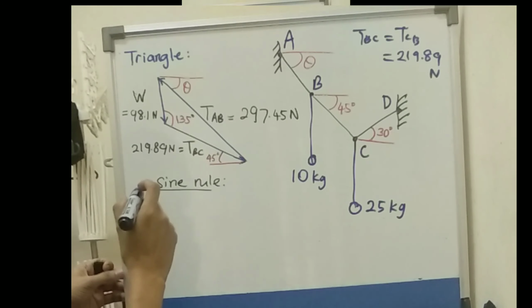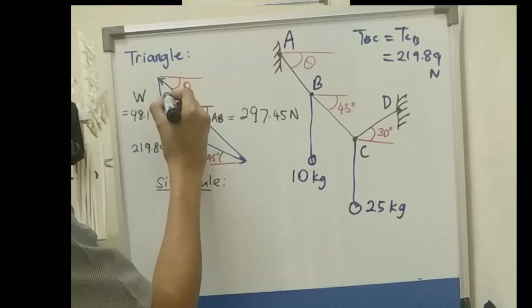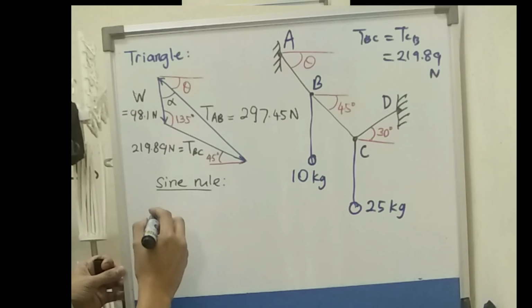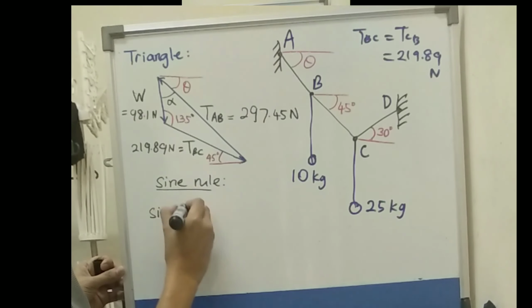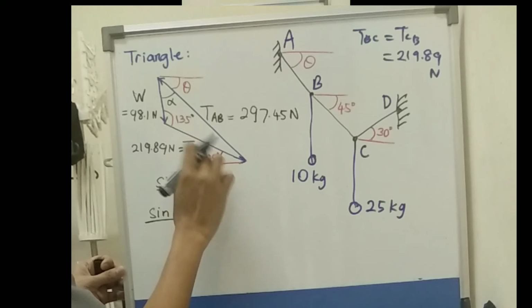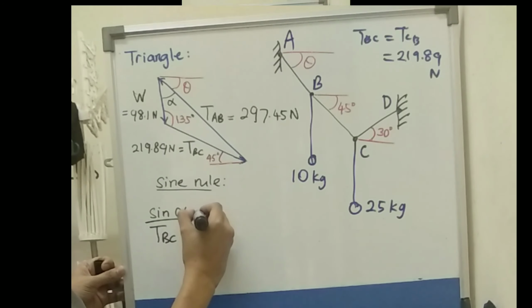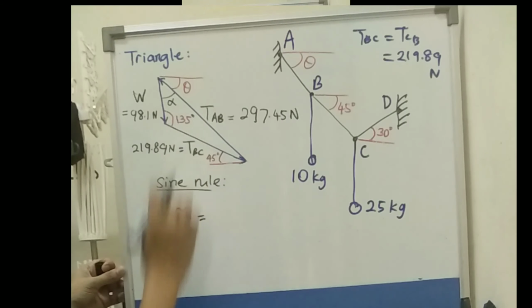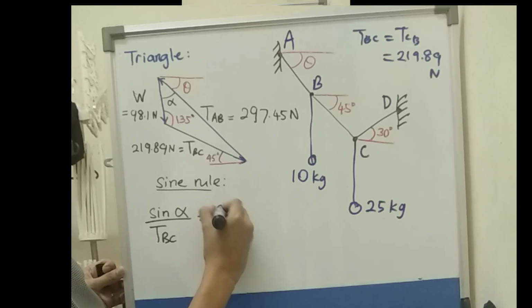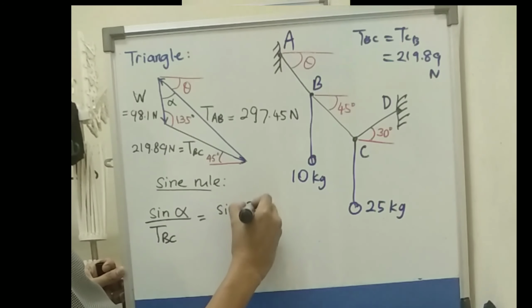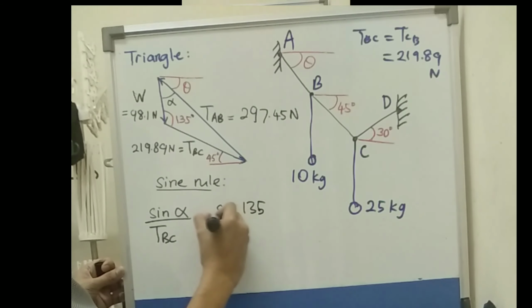For example, we put this one as alpha. We have sine alpha over TBC, the opposite vector force, equal to sine 135 over TAB.